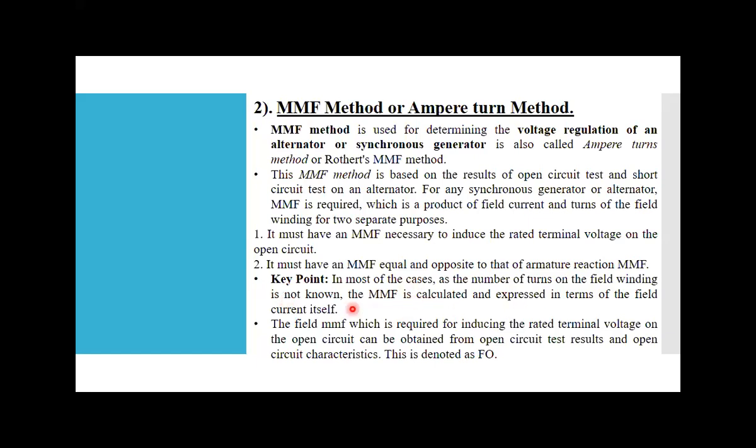So what we are doing, we are calculating the MMF in terms of current only. The field MMF which is required to induce the rated terminal voltage on open circuit test, as per the open circuit characteristic, is denoted by FO. Now remember this thing that we require FO.